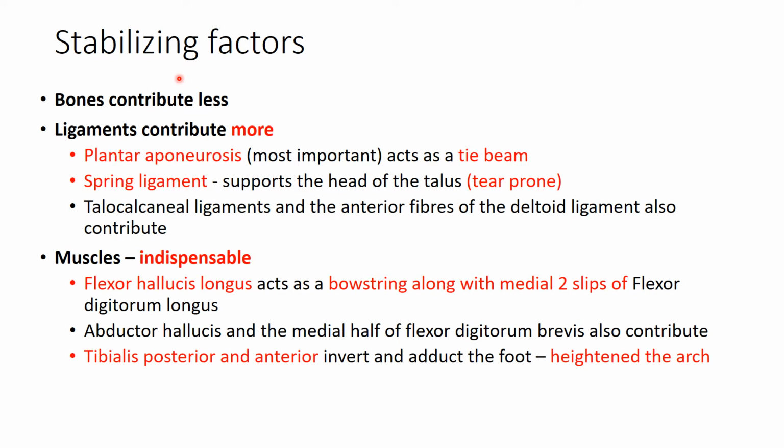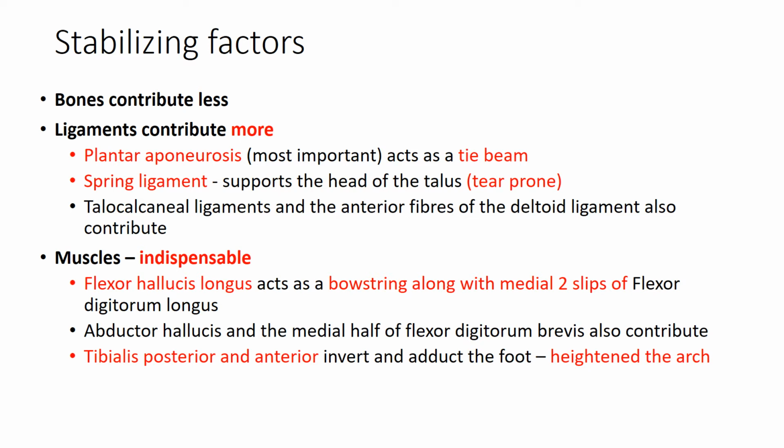But these two bones contribute very little to the stability of this arch. The ligaments are a more important contributor than the bone, but alone they are inadequate to maintain the arch, especially during long standing. The most important ligament is the plantar aponeurosis, which runs from the posterior to the anterior pillar as a tie beam.